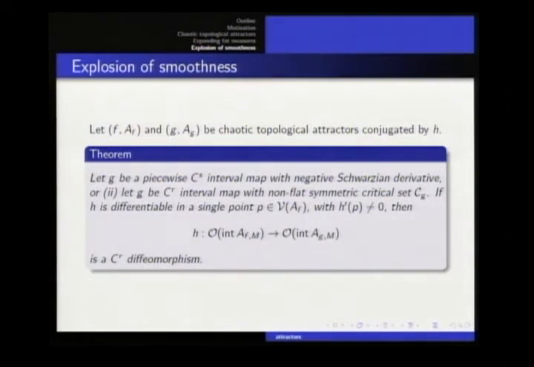Now I have a similar result, but instead of talking about the synchronized set, now I'm talking about the set that doesn't have to be synchronized. So this is much larger, or can be much larger than the previous one. But to gain more points here, I have to lose something.